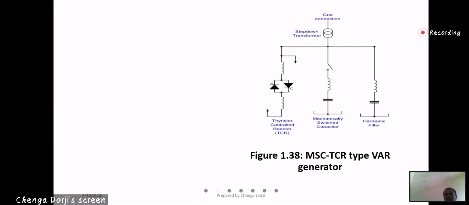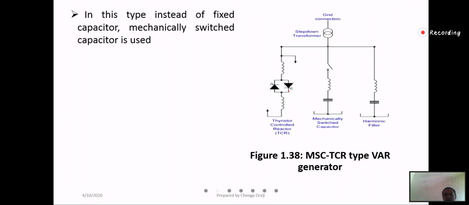Now the next type you have is the mechanically switched capacitor thyristor controlled reactor, the MSC-TCR type VAR generator. In the first case, the FC-TCR, the fixed capacitor was there.